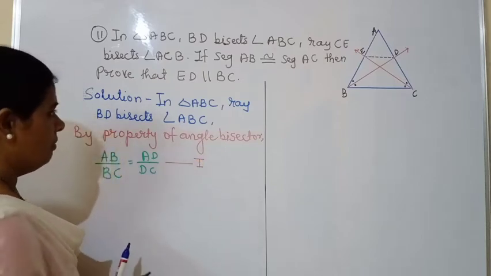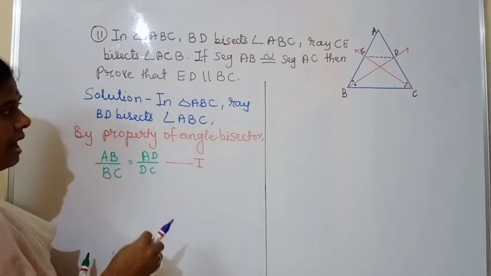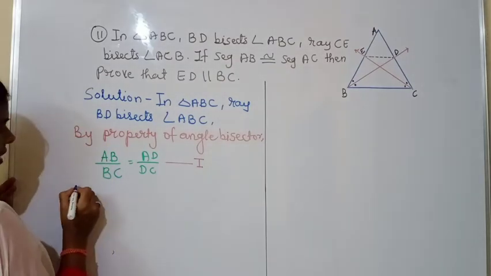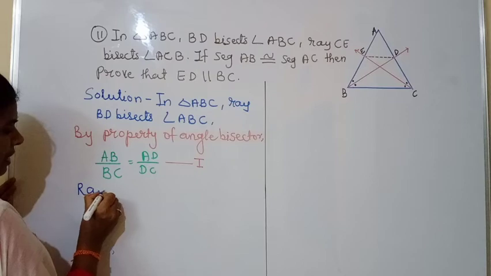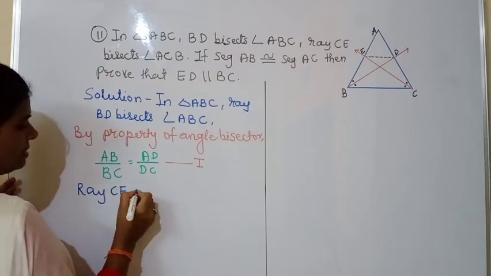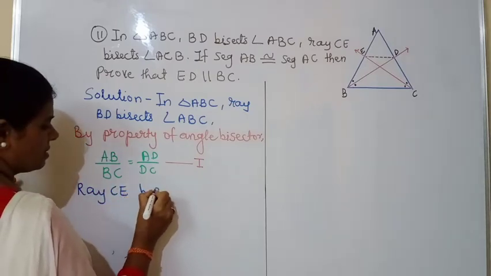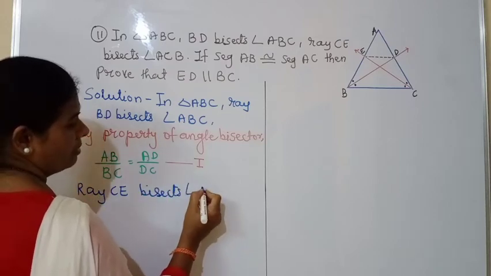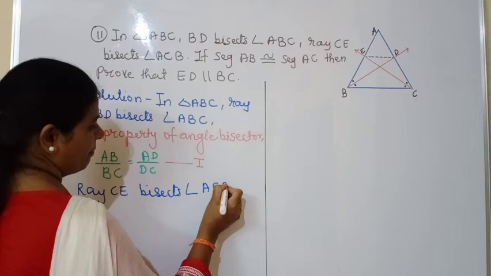Okay. Now we will see the next bisector in the triangle. Now again, which ray? That is the ray CE. Ray CE bisects angle, which angle? ACB.